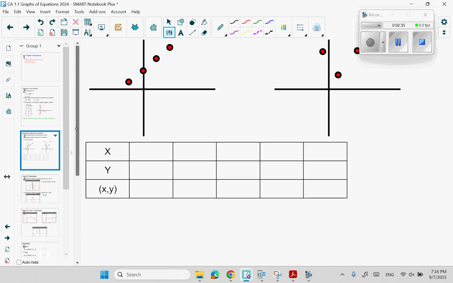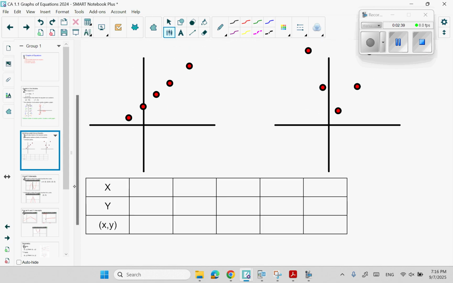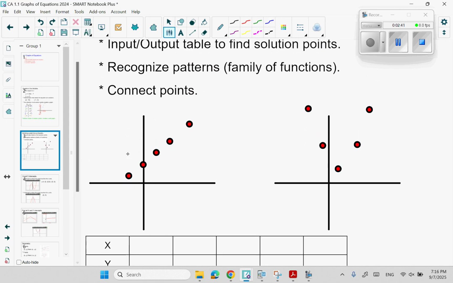But let's look at some graphs. An input-output table: we can construct a table. For the sake of time, we're only going to do a table with this one and recognize the patterns in the family of functions. Here we would all agree this looks linear. We would have to have coordinates, but we're just going to approximate.